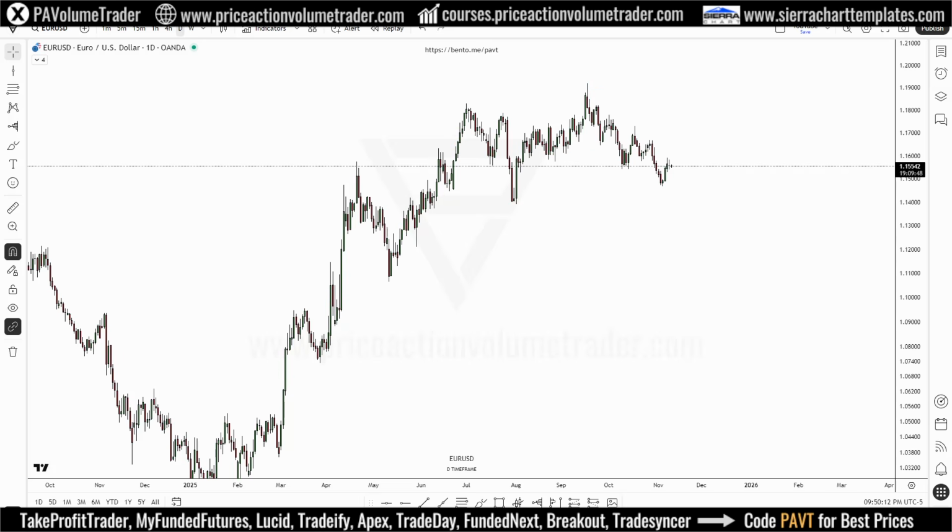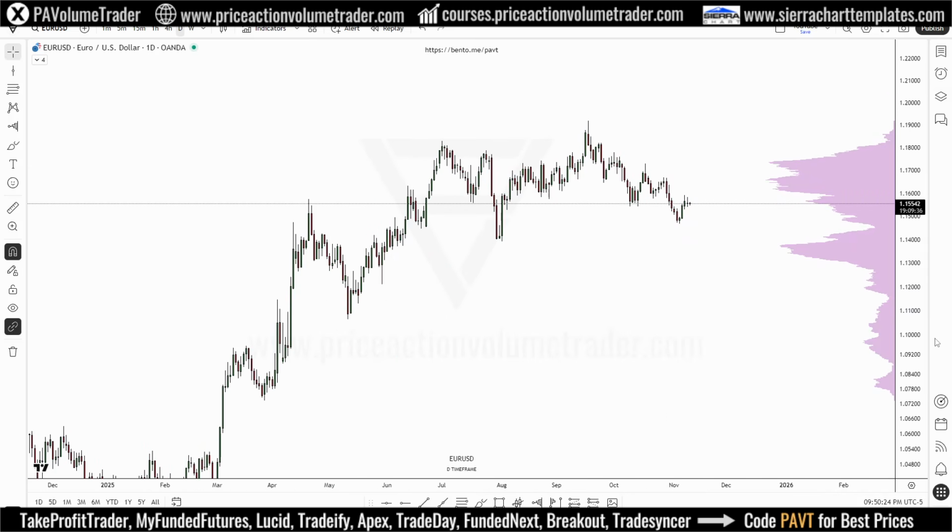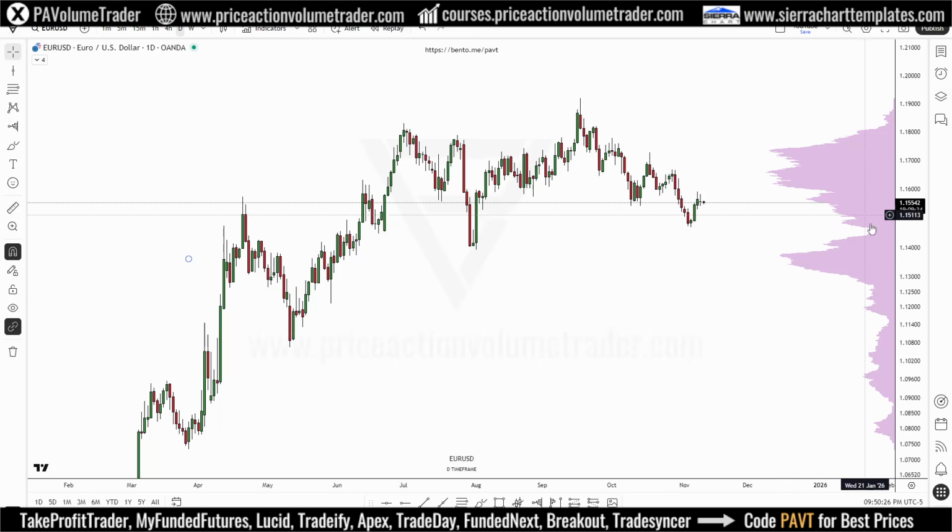So like I said, you can get away with just using this more recent action right there. And there you have a big high volume node and a smaller distribution below, which we're holding right now, this low volume node area, etc.